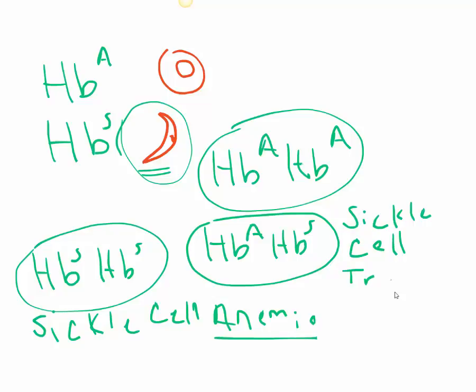So we call it sickle cell trait. It's an intermediate form. They're not completely healthy, but they're not as sick as someone who would have both alleles. So again, we call it sickle cell trait.